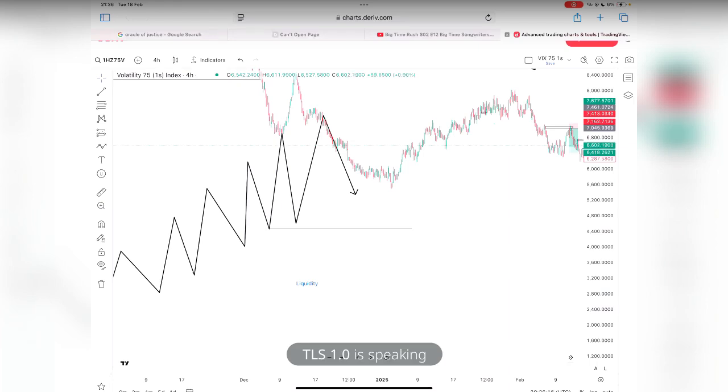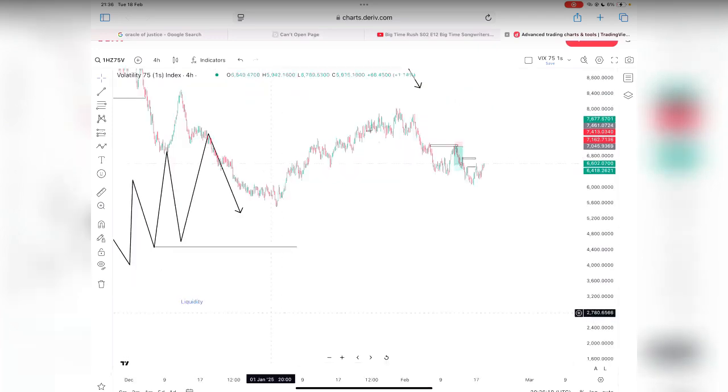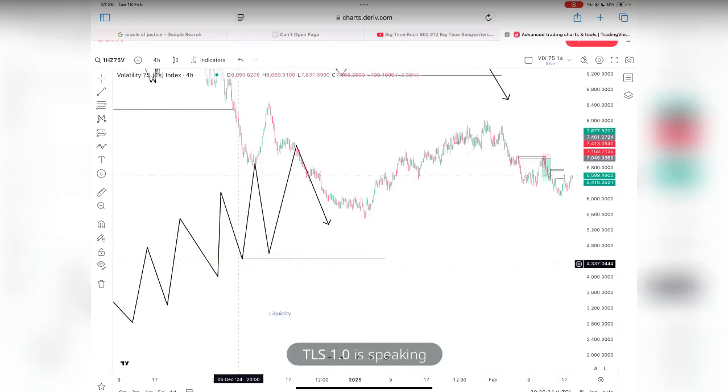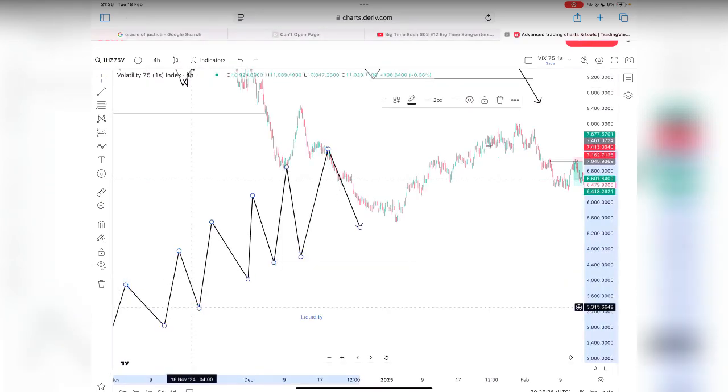But for now, once a low is being taken out, once the second low is being taken out, price tends to do what? Use the rest of the lows as liquidity.